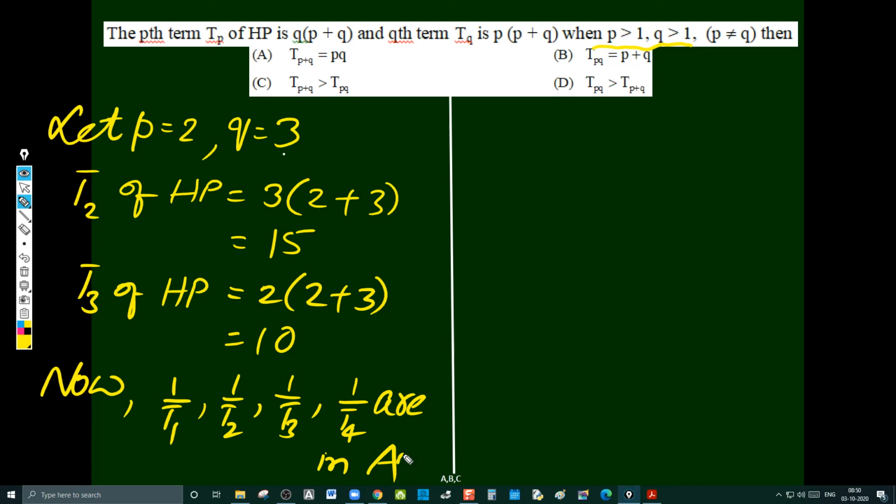HP is AP, which implies that 1 by T1, comma 1 by 15, comma 1 by 10.